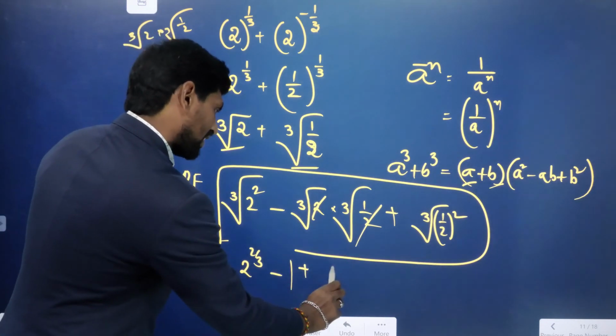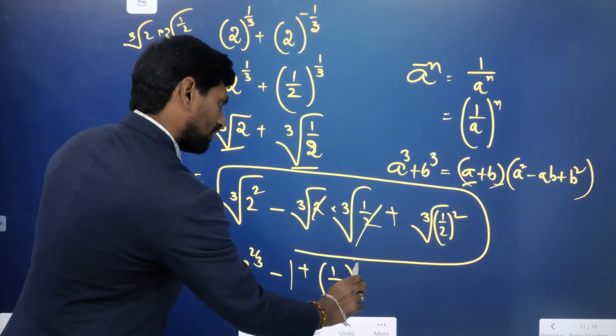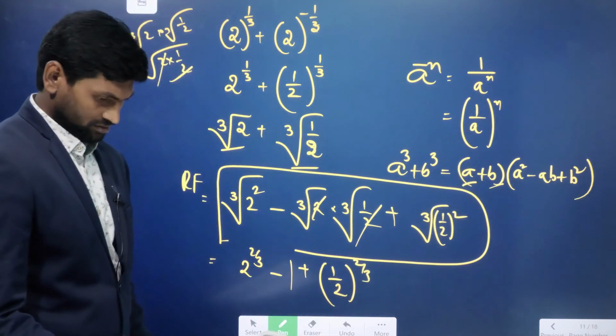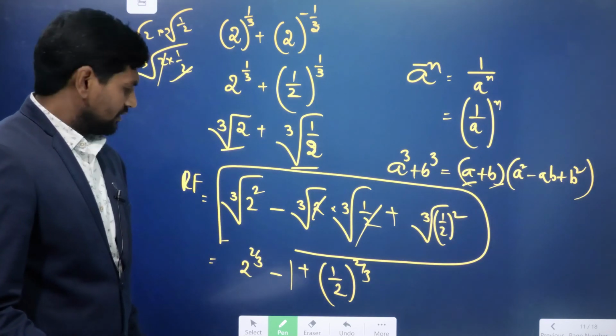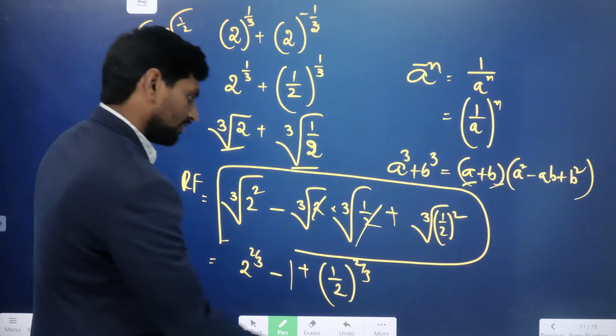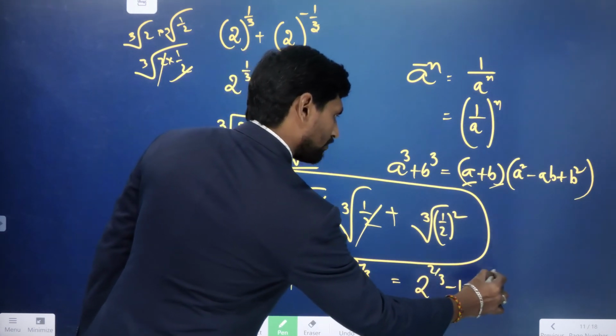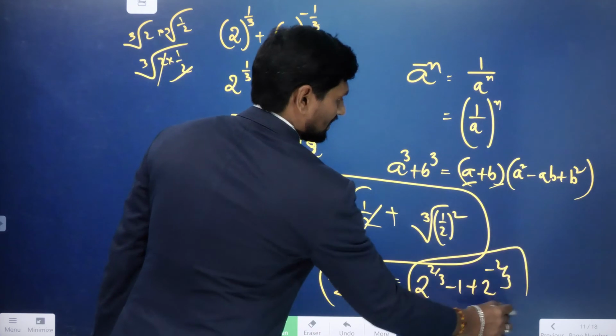Plus this one we can also write as 1 by 2 whole to the power of 2 by 3. That is the answer. That equals 2 power 2 by 3 minus 1 plus 2 power minus 2 by 3. This is the rationalizing factor.